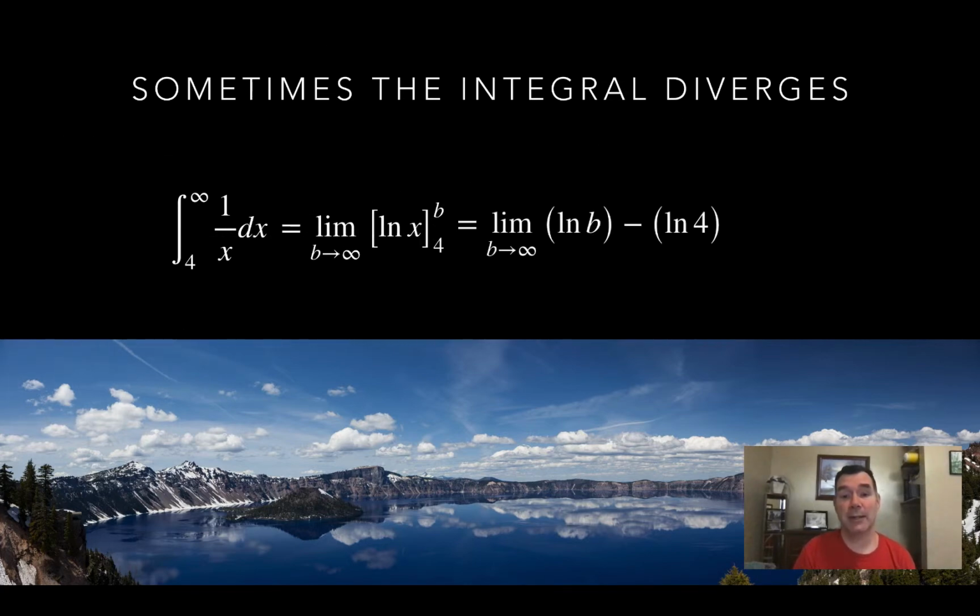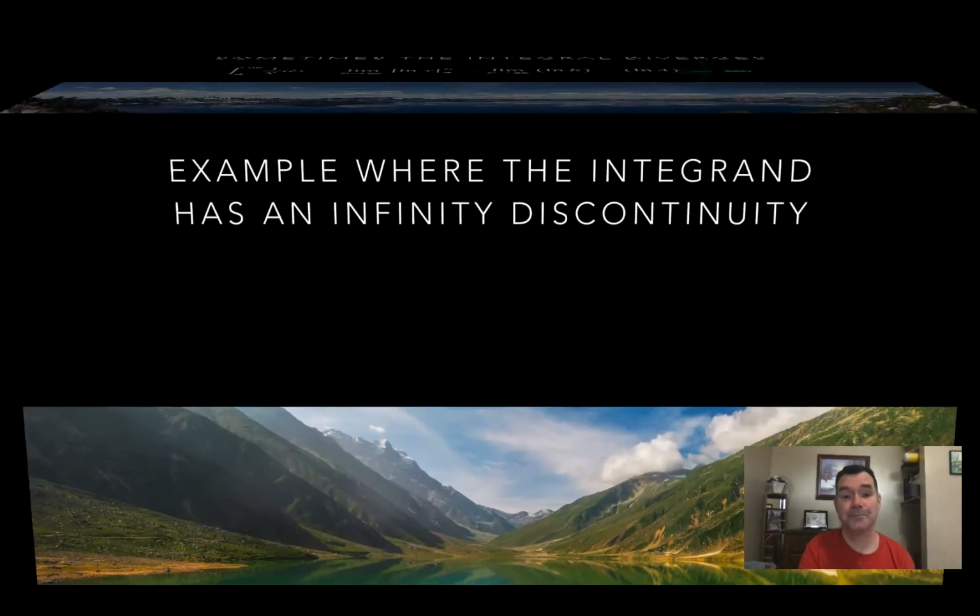So that gets me the limit as b goes to infinity of the natural log of b minus the natural log of 4. Well, unlike the other examples, the natural log of b is not going to approach 0 as b goes to infinity. It's actually going to approach infinity as well. So this integral diverges. There is no constant that this integral is equal to. So it goes to infinity.